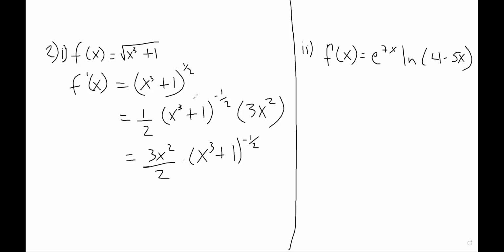But here we look at it, realize that there's more than one function in this entire function. We have the first function here, which is e raised to the power of 7x being multiplied by a second function, which is our ln bracket 4 minus 5x. And what do we say when we have a function being multiplied by another function?